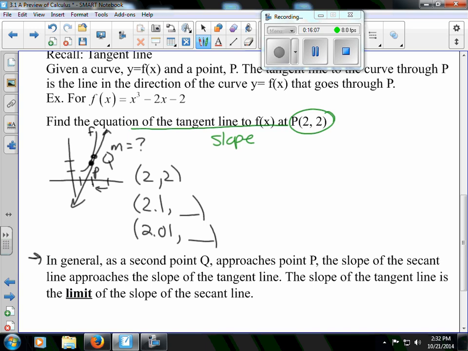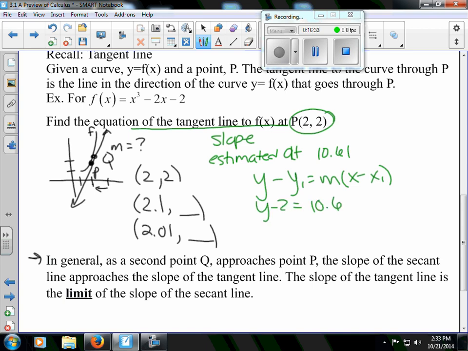But we're going to estimate it now at 10.61 because that was my slope of my secant line between 2 and 2.1. So then I just need to do y minus y1 equals m times x minus x1. But the m is approximately 10.6.